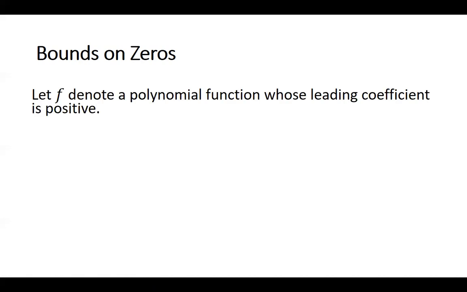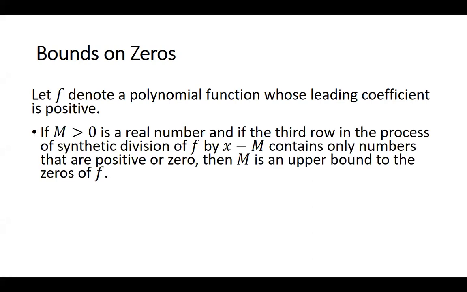Let f denote a polynomial function whose leading coefficient is positive. If capital M, and we tend to use capital M for maximum in mathematics, is greater than 0, is a real number, and if the third row in the process of synthetic division of f by x minus m contains only numbers that are positive or 0, so non-negative numbers, then m is an upper bound to the zeros of f.